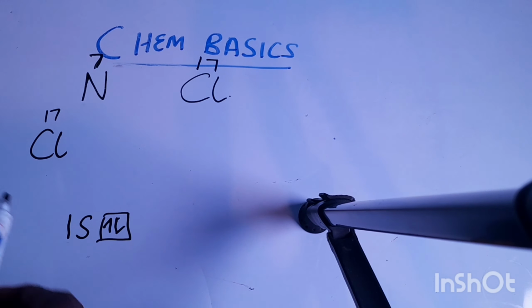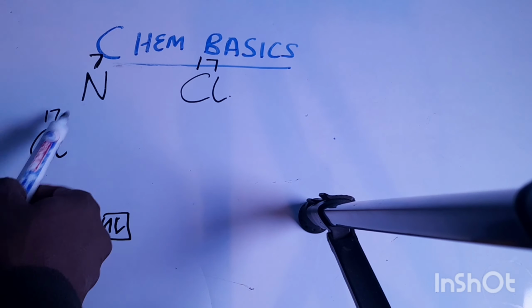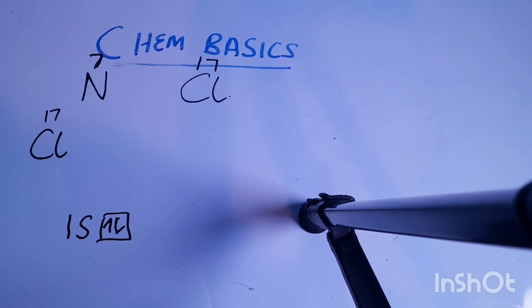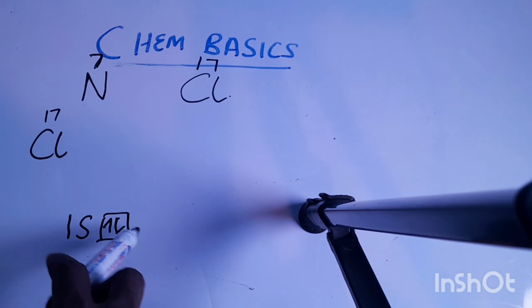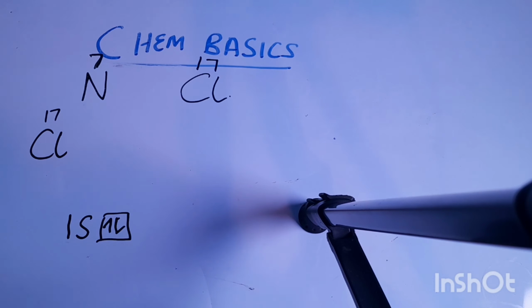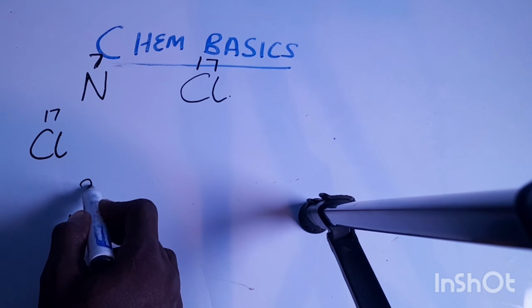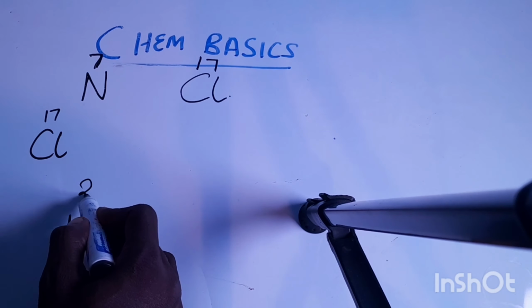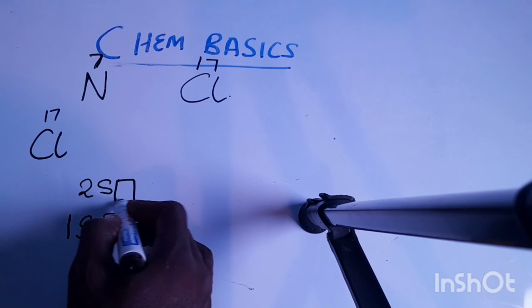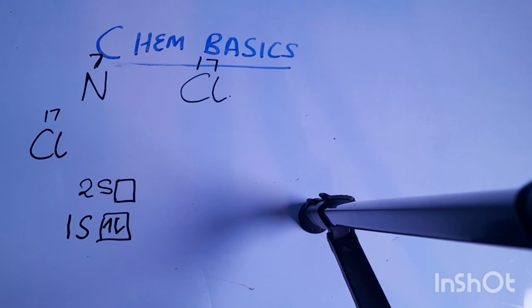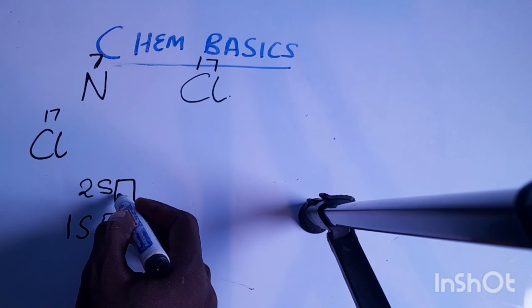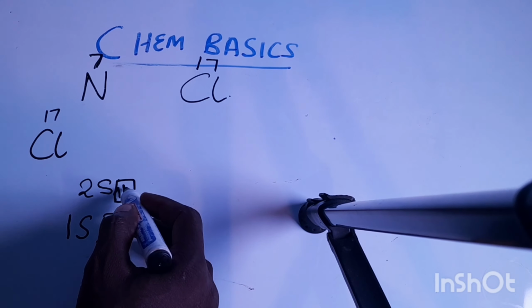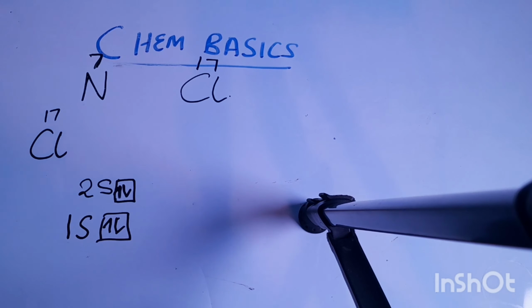But how many electrons does chlorine have? It has 17 electrons, right? So it means that we filled out 2 already, so we are left with 15. And we go to the second energy level, the 2s. We first fill the s orbital, sorry. So again we put 2 electrons. With the s orbital, we don't question, we just put 2 electrons and then we move, right?